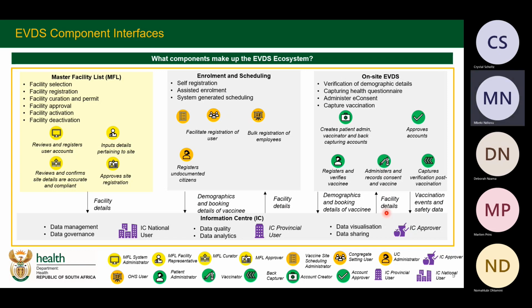And from on-site EVDS into the information center, we see demographics and booking details of vaccines. And we also see the vaccination events and safety data. And then demographics and booking details also moving from enrollment and scheduling into the information center, as we can see.